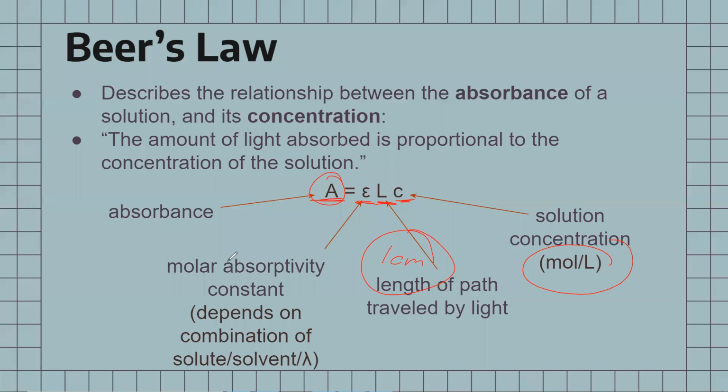That unit is generally going to be liters per mole times centimeters. Wow, that looks terrible, but liters per mole times centimeters, okay? If you do not remember that later, you are free to look it up and it will be given to you on an exam, okay?